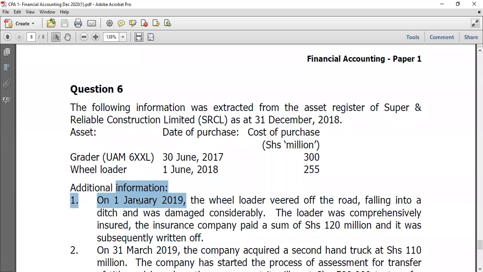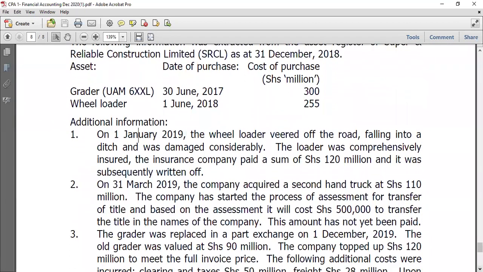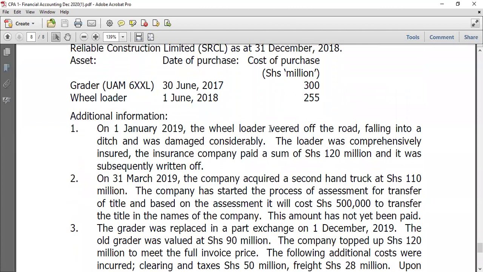Additional information: on 1st January 2019, the wheel loader, which was bought in June 2018, veered off the road, fell into a ditch and was damaged considerably, okay? The loader was comprehensively insured. The insurance company paid a sum of 120 million, and it was subsequently written off.